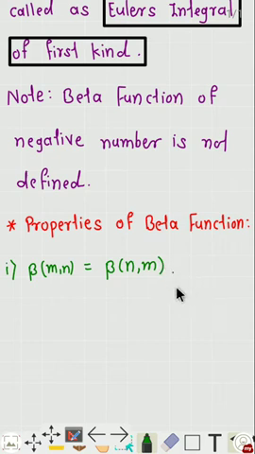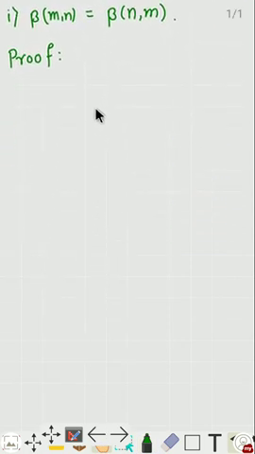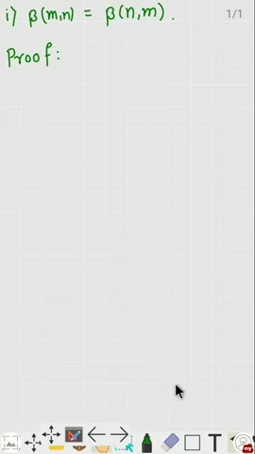This is our first property of the beta function, and we try to prove this property. The proof is very simple. To prove this property, let us start from the left hand side. Consider the LHS.